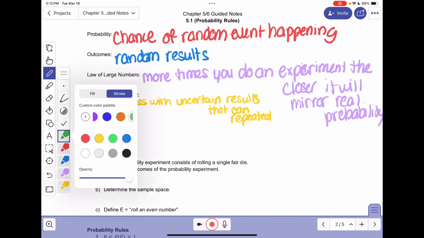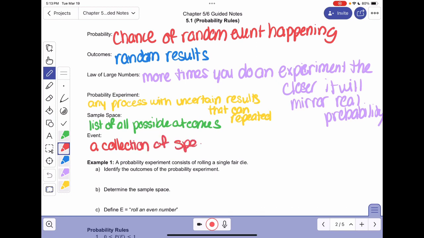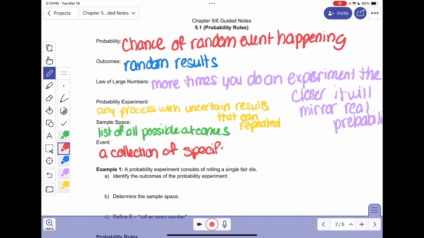The sample space is a list of all possible outcomes. And an event is a collection of specific outcomes. All right, so there's that vocab.